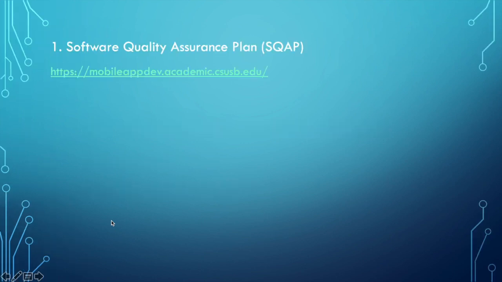Okay, I would like to talk about the software quality assurance plan. The different development teams are now ready to write their software requirement specification based on the client's functional requirements. But don't forget, the non-functional requirements are also needed.